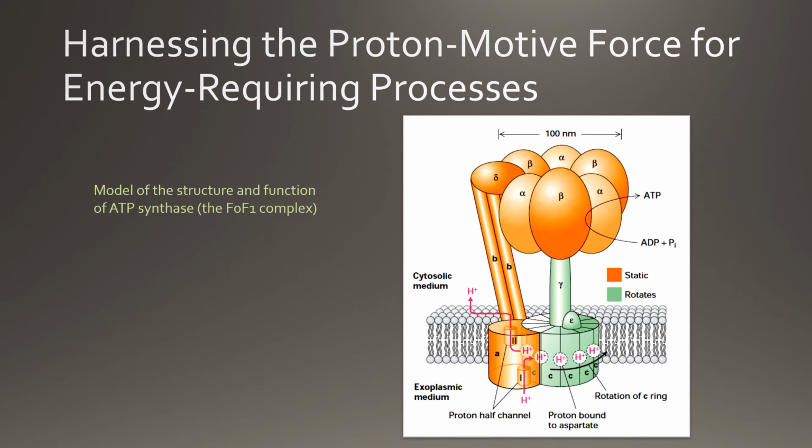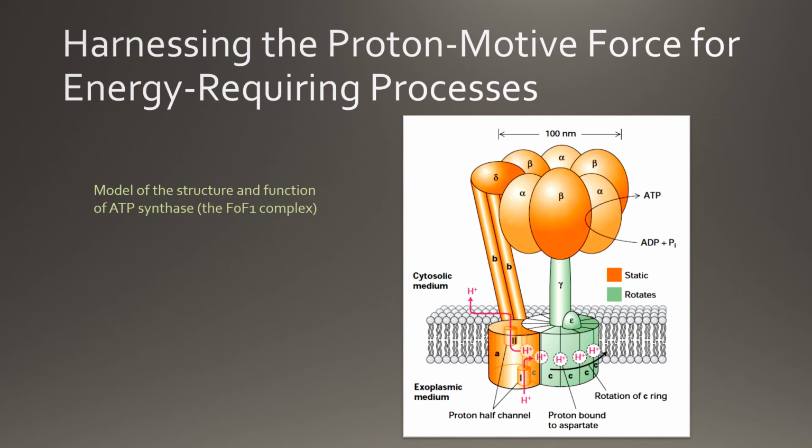The F1 beta subunit is rigidly attached to gamma and also forms rigid contacts with several of the c subunits of F0. The F1 alpha and beta subunits associate in alternating order to form a hexamer, alpha beta alpha beta alpha beta, which rests atop the single long gamma subunit.